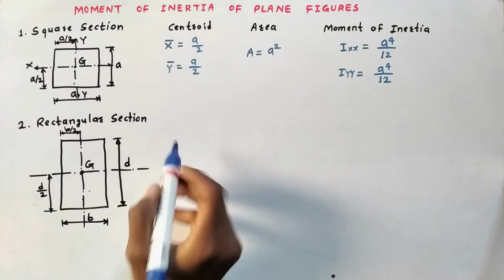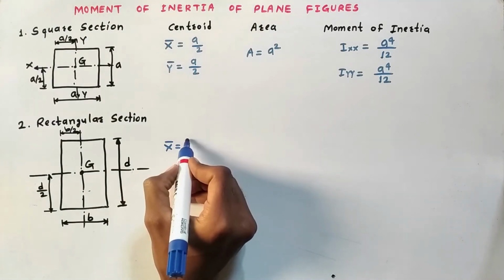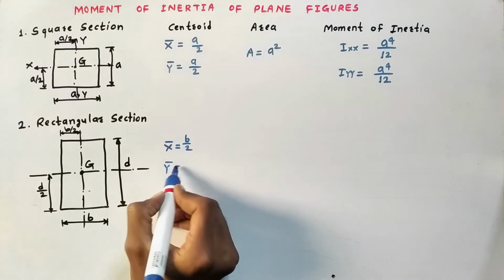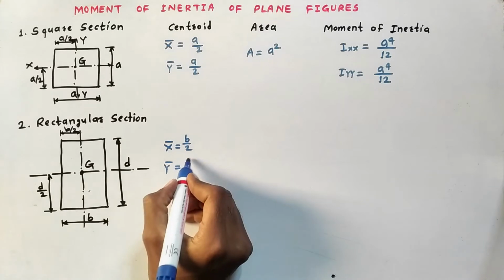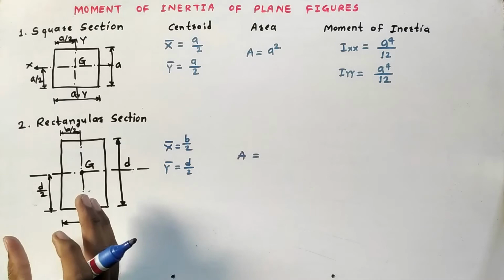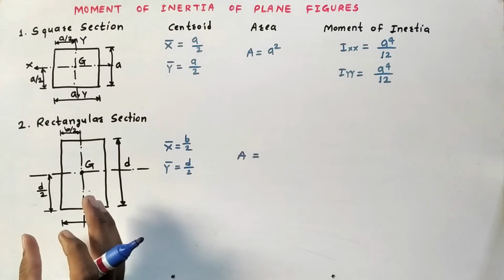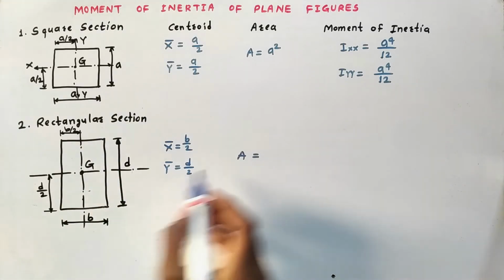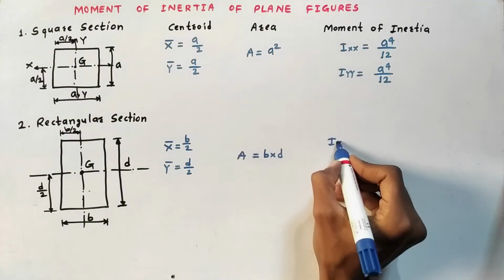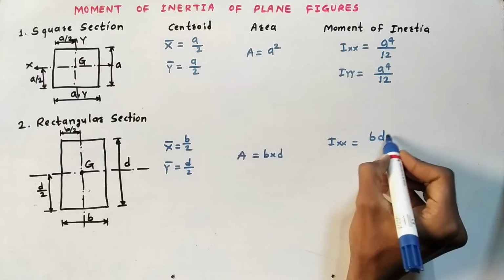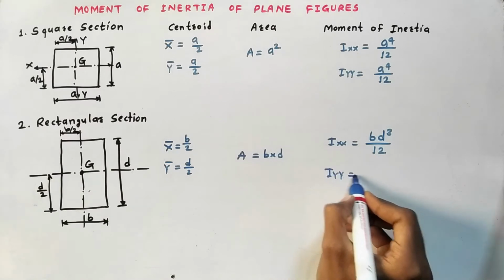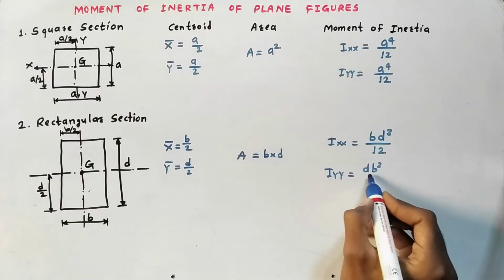So centroid x bar is equal to B by 2 and y bar is D by 2. And we know the area of the rectangular section is B into D. Now the moment of inertia for rectangular section: Ixx is BD cube divided by 12, and Iyy is equal to DB cube divided by 12.